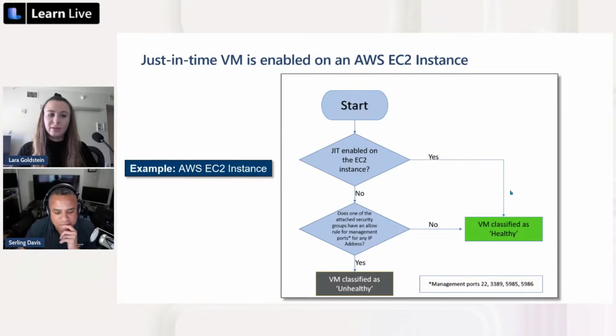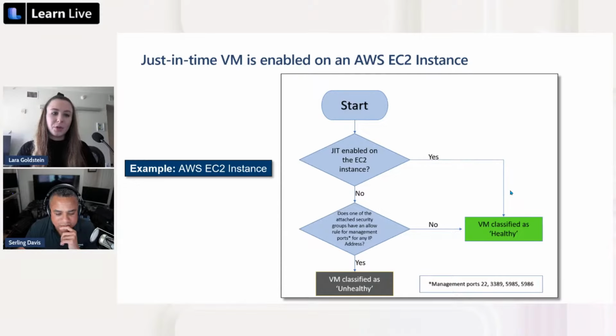There is a Defender for Cloud recommendation to enable just-in-time VM access on your relevant machines. Any machine that doesn't have it configured is going to appear in the unhealthy resources. If they're in Azure, they'll appear if they don't have it enabled already, of course, if they have an assigned network security group or firewall rule that allows traffic over port 22, 3389, 5985, and 5986.